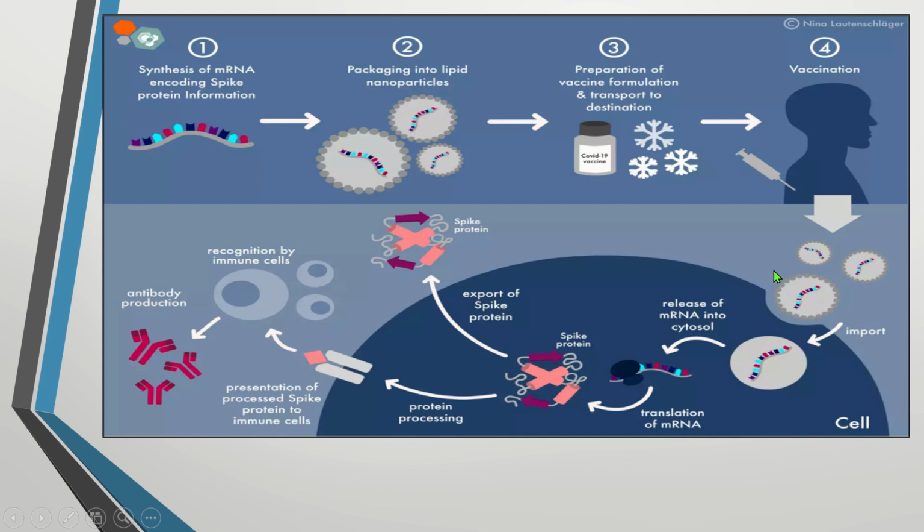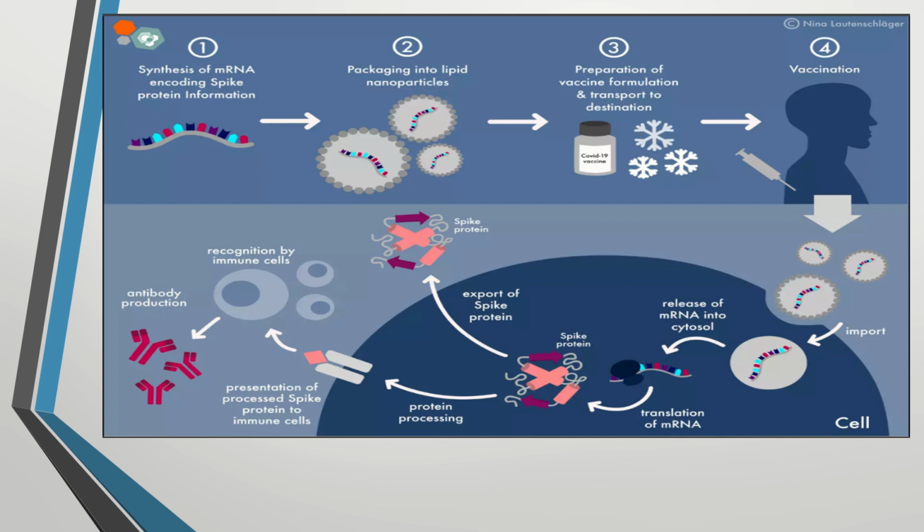After the body receives the vaccine containing messenger RNA, it enters the cell easily because it dissolves in the phospholipid layer.